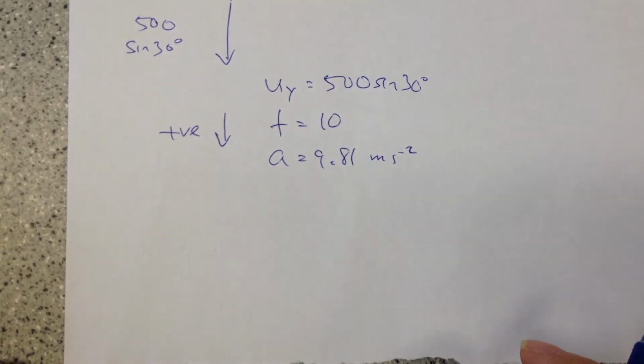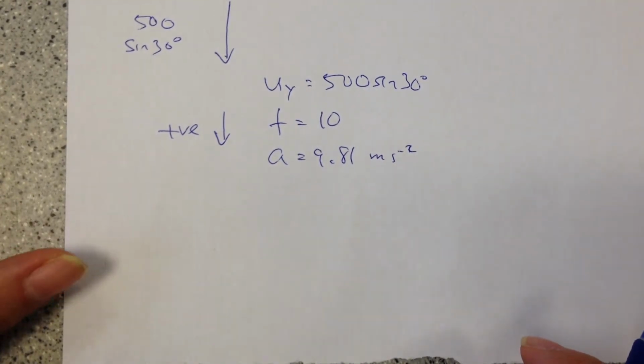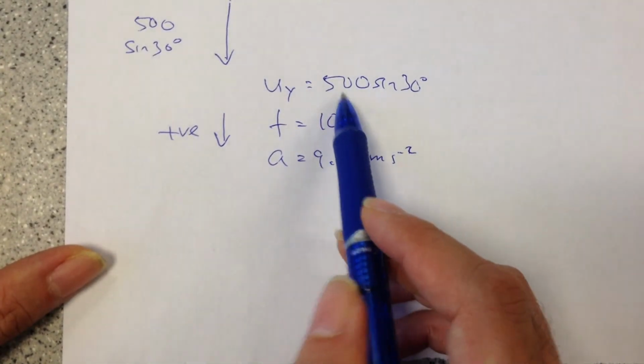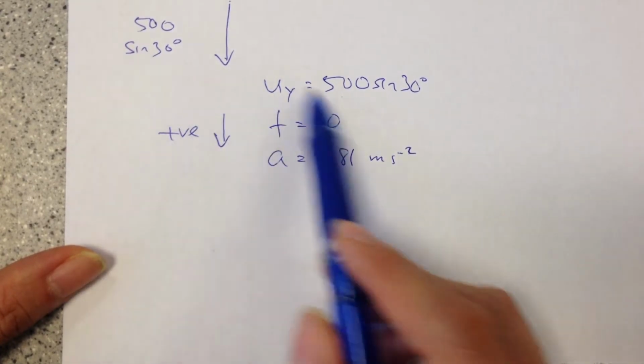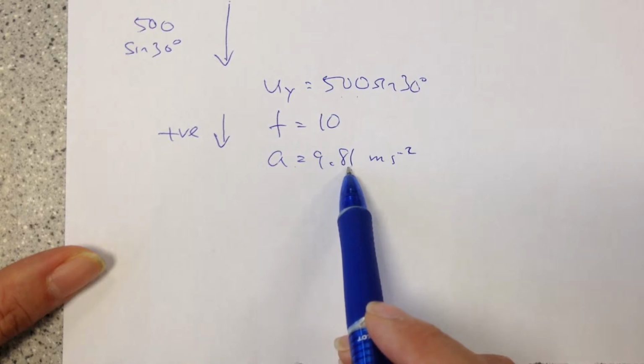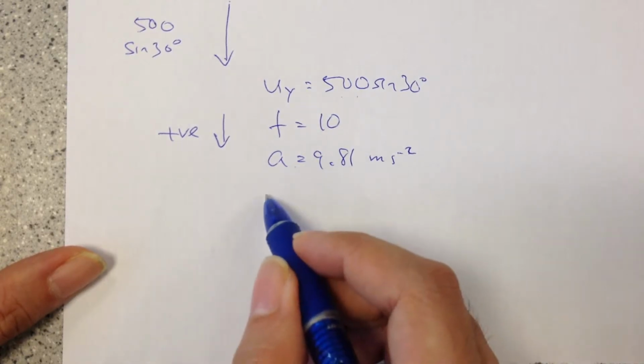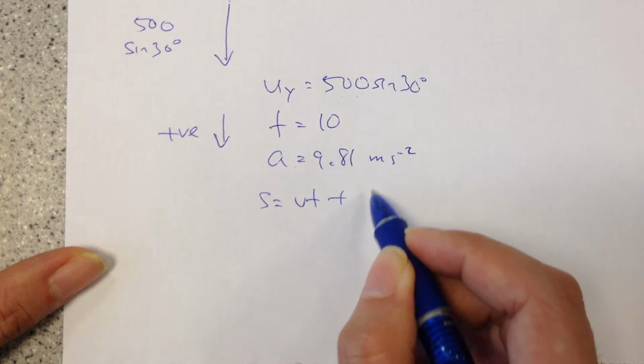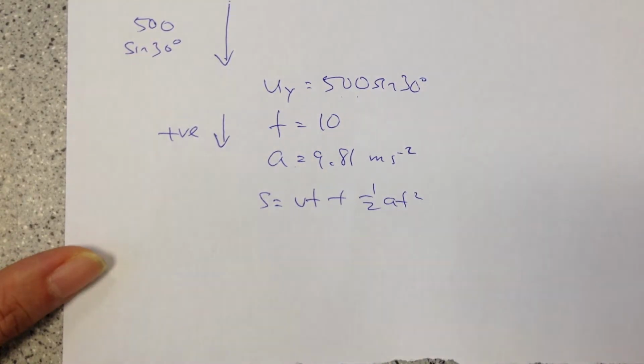Now, the question asks, what's the height at which the plane is flying? This is the initial vertical velocity, in 10 seconds, with acceleration downwards of 9.81. So you use s equals ut plus half at squared, where you know u, t, and a.